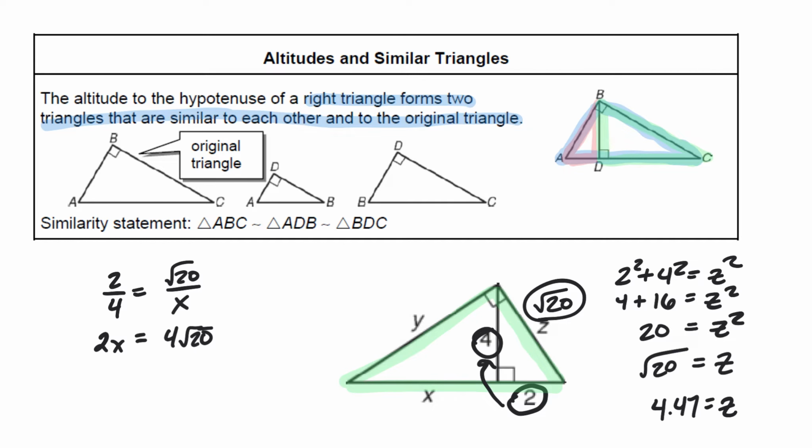It may be 3/5, something that you're not as familiar with. So we divide by 2 here, and x equals 2 square root 20. So that's how we go from small to medium. It's a 2-to-1 ratio.